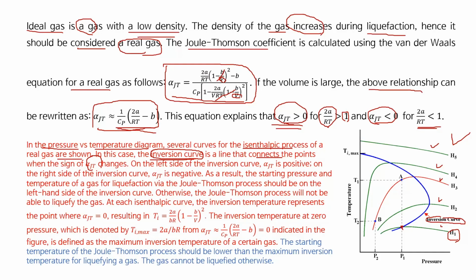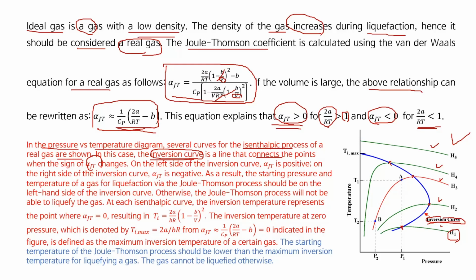So if we connect these points, then we can have a line. This is called the inversion curve.